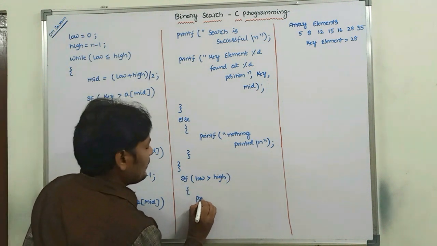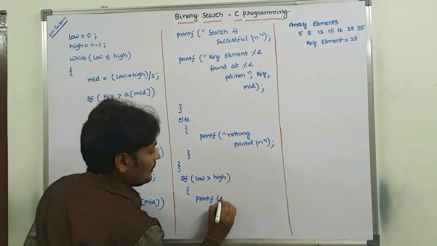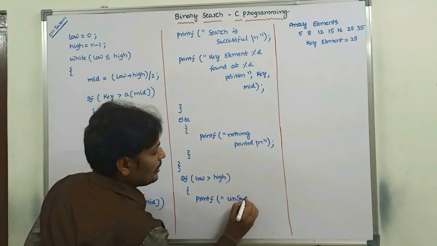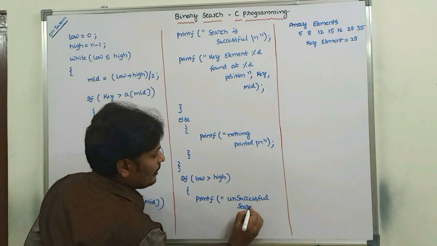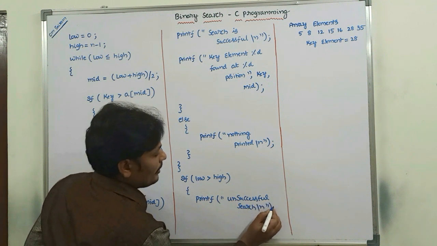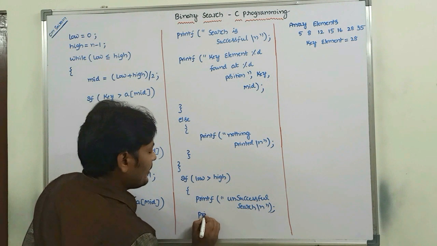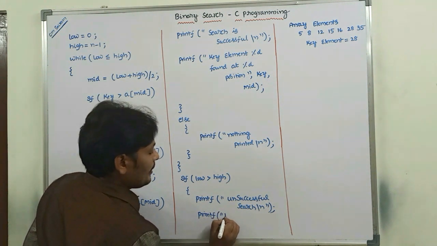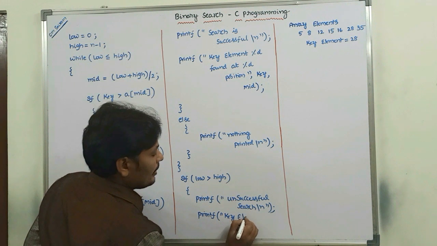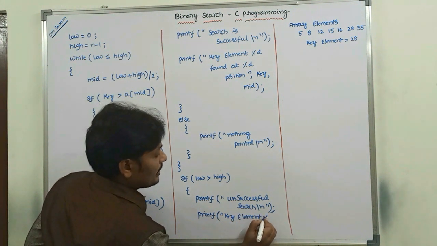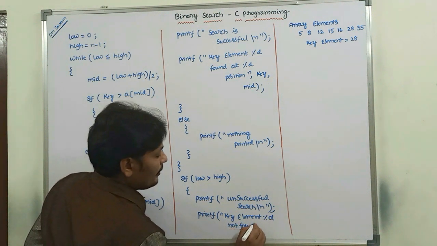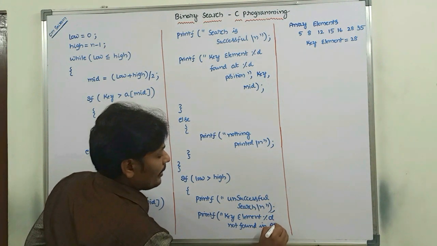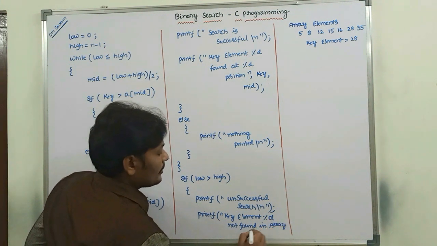So printf("unsuccessful search"), next printf("key element %d not found in array\n", key).